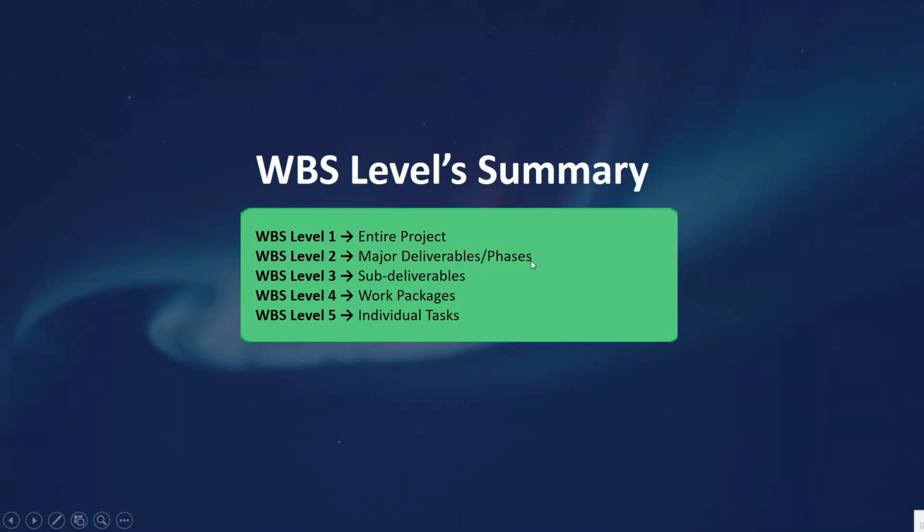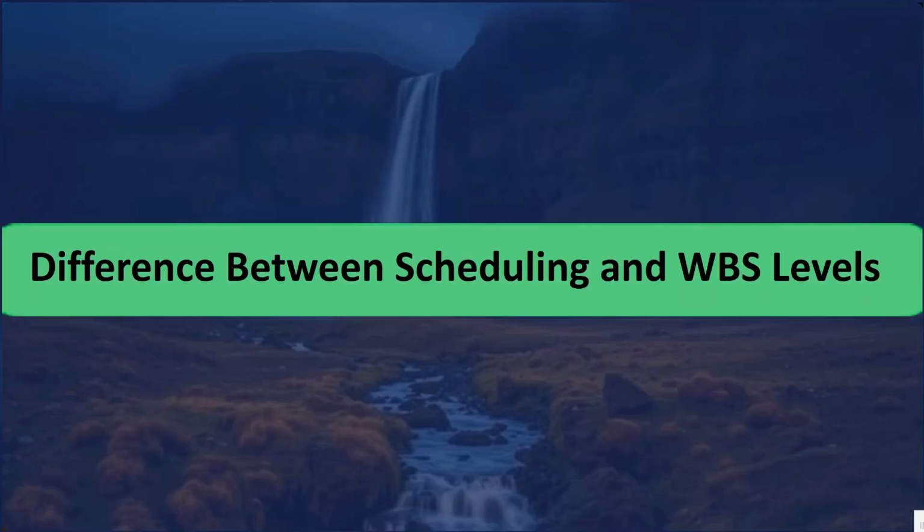WBS level 2, major deliverables and phases. Then WBS level 3, sub deliverables, and WBS level 4, work package, and then WBS level 5, the individual task, the task which cannot be further broken down. Okay, so I hope these are clear.